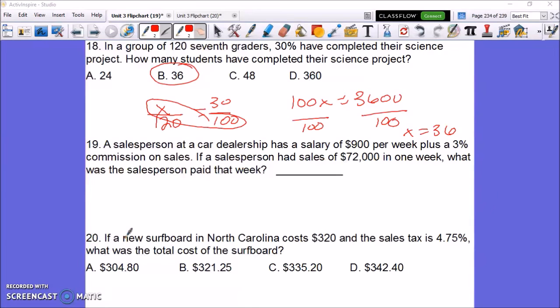So first we need to find the commission. So we want 3%, and we know all percents go over 100, so that is 3 over 100. We don't know the amount of commission, so that is x over 72,000. And then we cross multiply. That gives us 100x. And then 72,000 times 3.